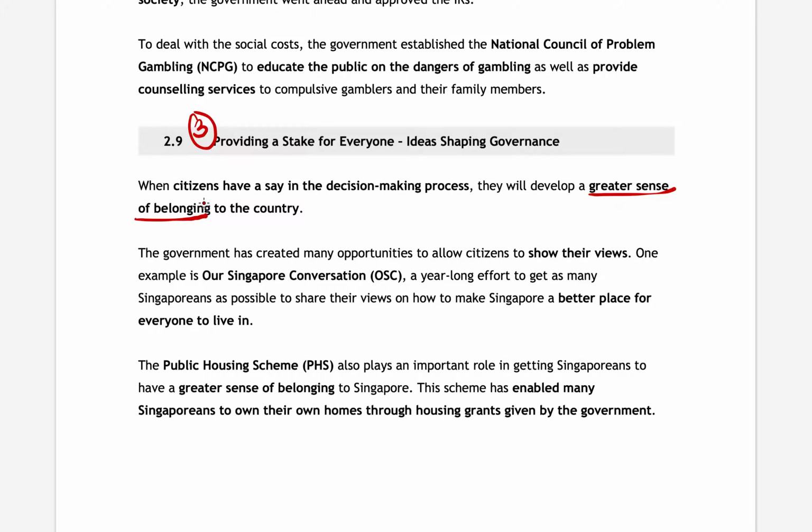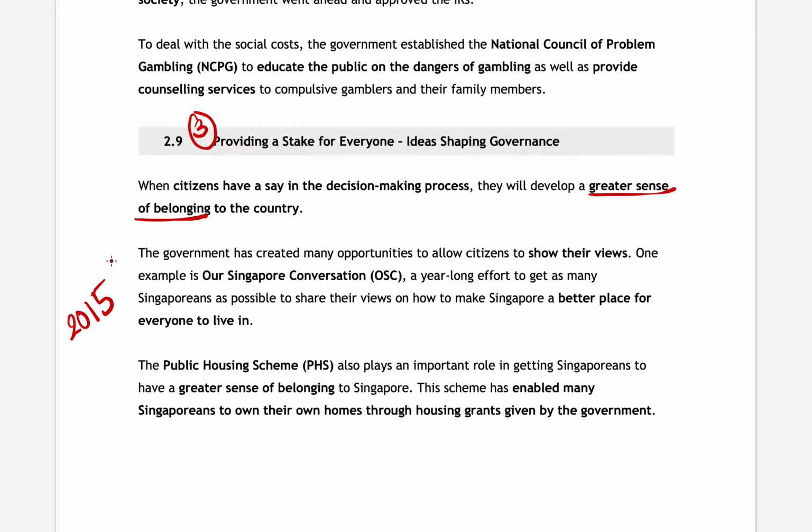So the government has created many opportunities to allow citizens to show their views. Our Singapore Conversation is something that I think started in 2015, and it lasted for a few years. This is actually a year-long effort, right? So this allowed Singaporeans during that time to share their views on how to make Singapore a better place for everyone to live in.